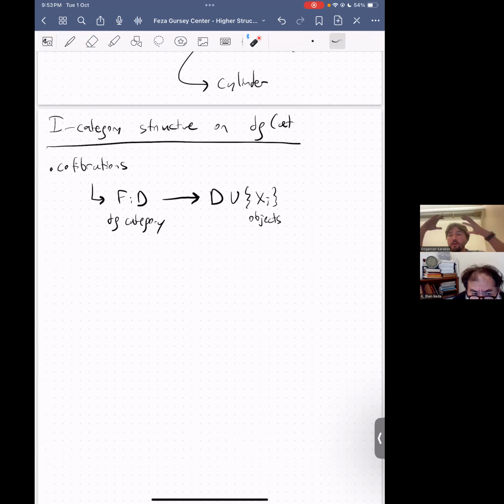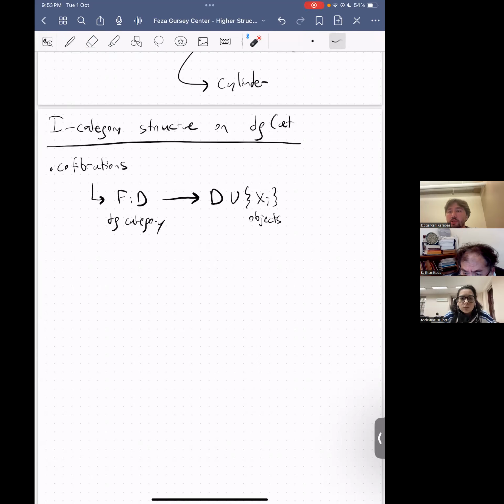Extension means you have a DG category, you first add some extra objects to your DG category without connecting them with any other arrows. So I have a DG category, I already have objects and arrows, and I add extra objects in a disconnected way. So they are just floating around in your category right now.